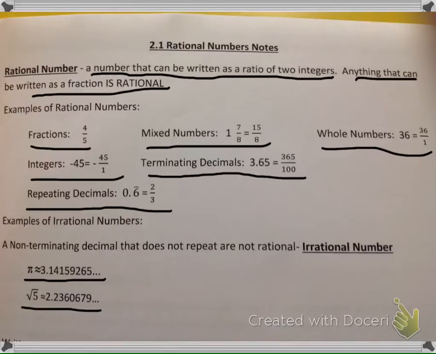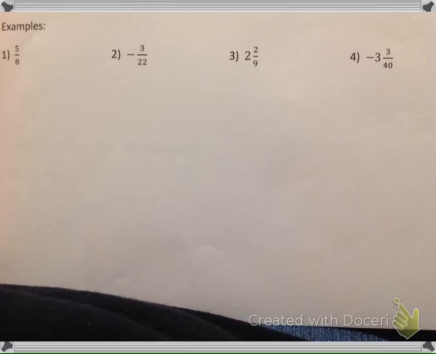Okay, so let's talk about writing some rational numbers and converting them from a fraction to a decimal. It says that to write a rational number as a decimal, all you have to do is divide the numerator by the denominator.